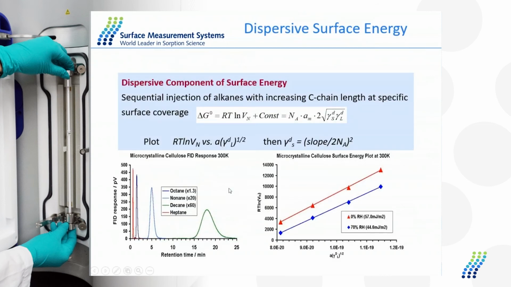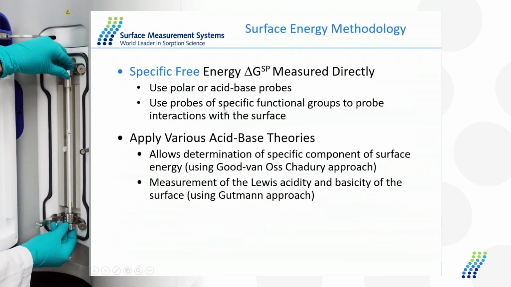As I mentioned previously, to measure the dispersive component of the surface energy, we use a few non-polar straight chain alkanes, and there's a couple of different ways to do this. The Schultz method or the Dorris and Gray method, either of them will give you the dispersive component of the surface energy, gamma D. Then you can use some acid-base, these are Lewis acid-base vapors, and they can give you the acid-base component.